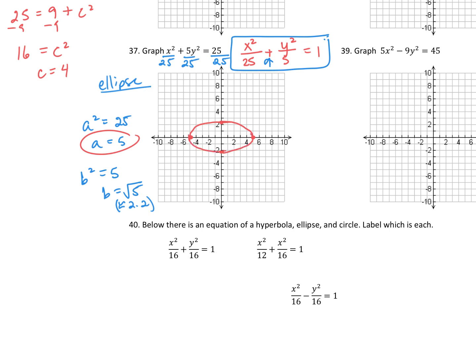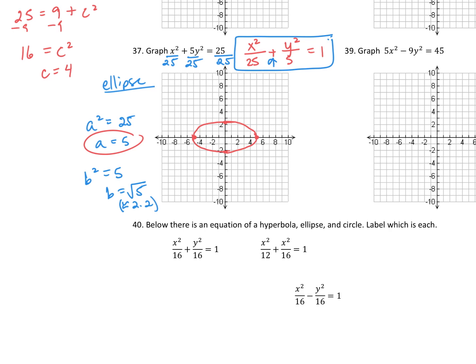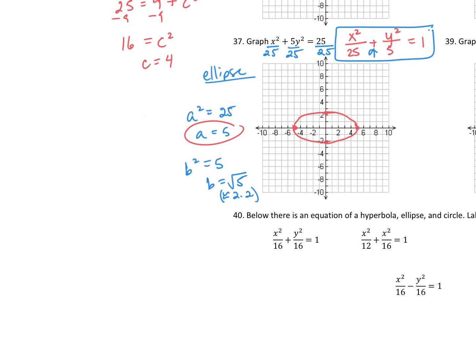We can go ahead and draw in our ellipse, but we don't want to forget, we're going to add in also our foci. Foci are going to use the c value, so we need to use the Pythagorean relation to find our c value. The Pythagorean relation for an ellipse is a squared equals b squared plus c squared. Our a squared is 25.